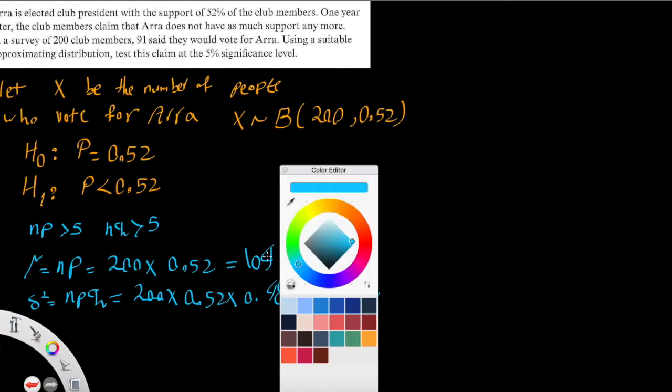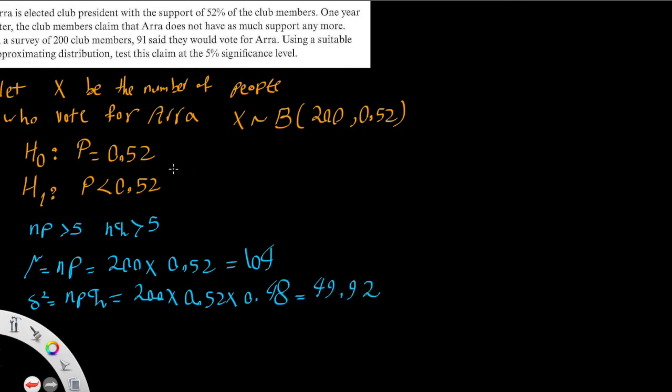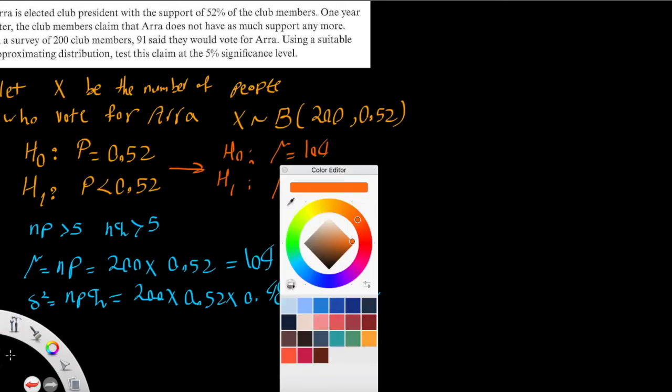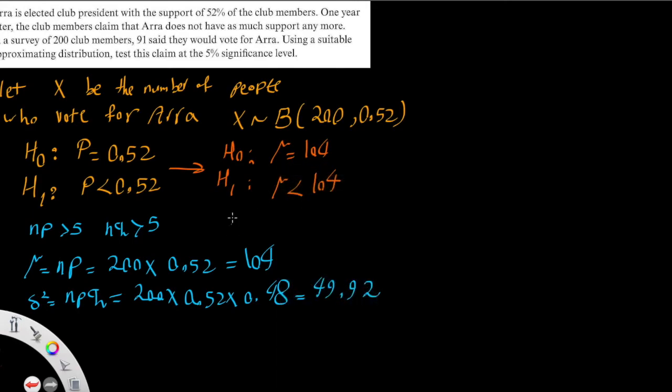So this will be converted to these two, null and alternative hypothesis. So mu is equal to 104, or mu is less than 104 here. Now, so the significance level in the question is given alpha 5%. So we calculate probability of, it says 91 said they would vote for Ara. So x less or equal to 91 is calculated.